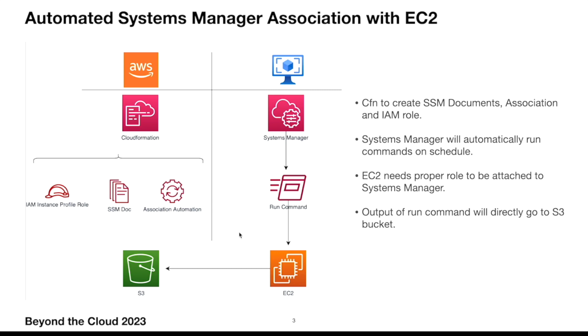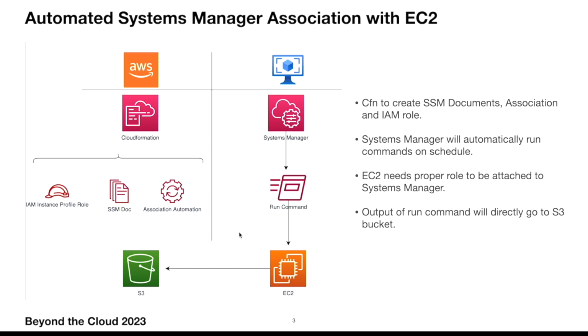Depending on the operating system, it will detect the operating system and run the scripts. Even if I have a Windows operating system, I don't have to bother. I can give one condition, whether the operating system is Windows or Linux, then the SSM document itself will identify the operating system and run the particular script specified for shell scripting.